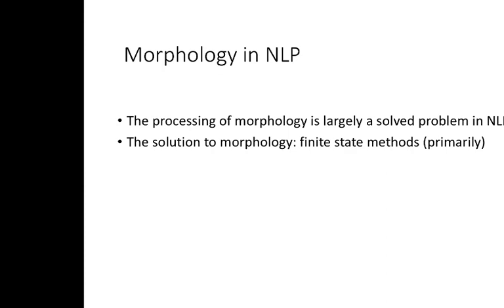In NLP, you might say that morphology is largely a solved problem if you're willing to work with a rule-based solution. If you're trying to do machine learning and handle morphology, then it's still wide open, and we'll talk a little bit about some of that.